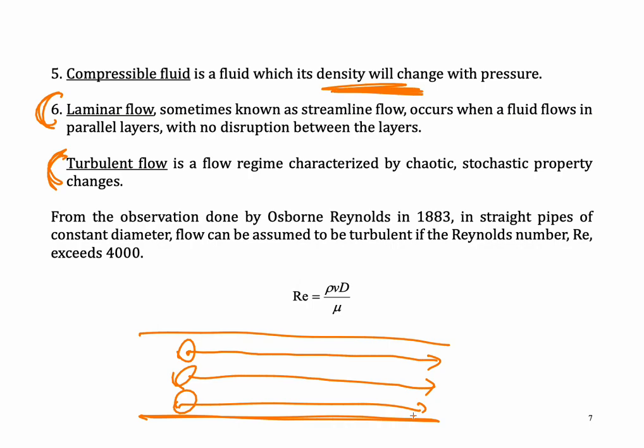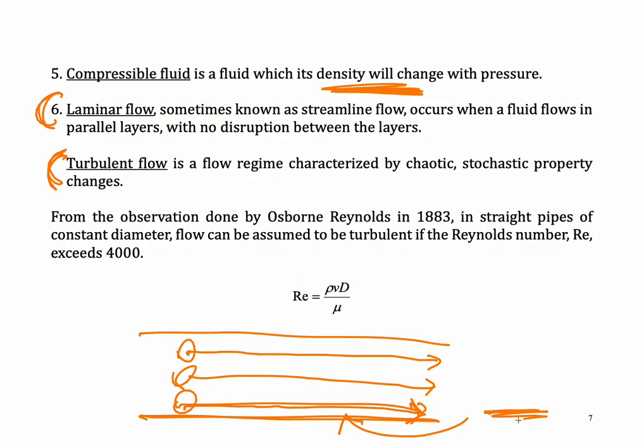It will flow in good manners, and it is easy to predict. It is easy for us to trace the streamline here, and sometimes easy to represent the streamline with a mathematical equation, because it follows certain rules.